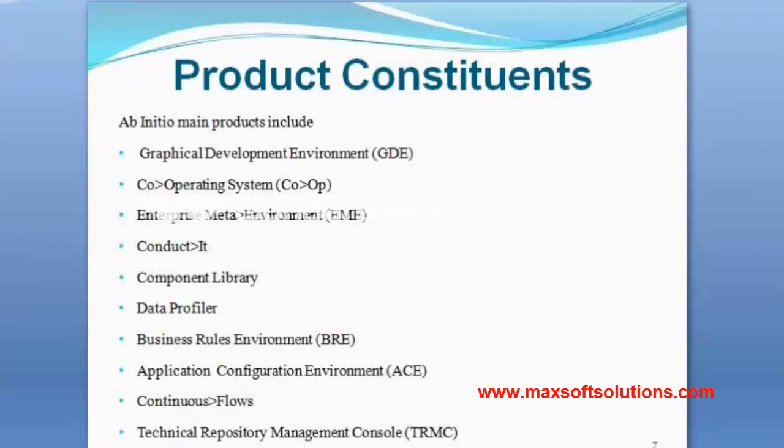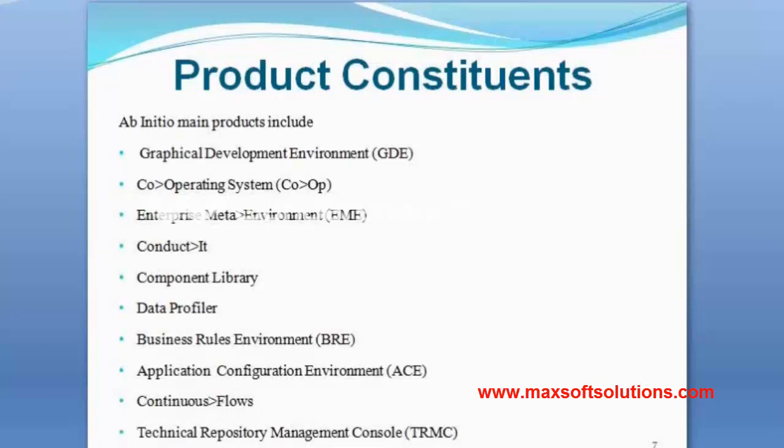And we have a component library which houses all your available Ab Initio components. If you are developing a graph, it shows the components according to your graph development: all your transform components, database components, dataset components, categorized as different folders according to their functionality. If you are going to develop plans, the component library changes so that it houses tasks for plans.